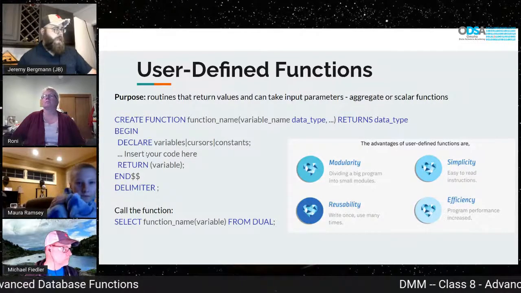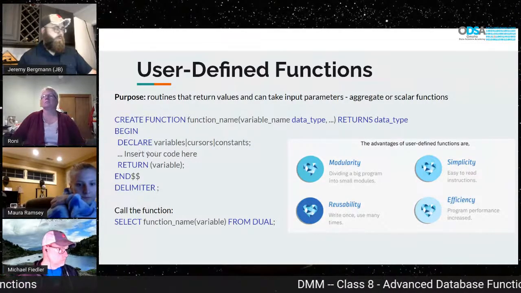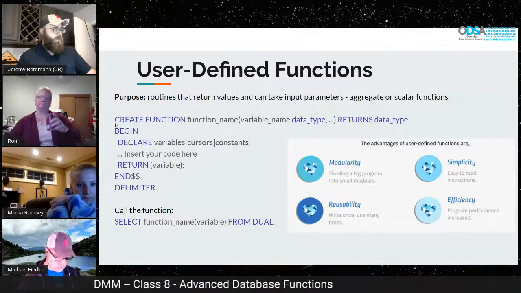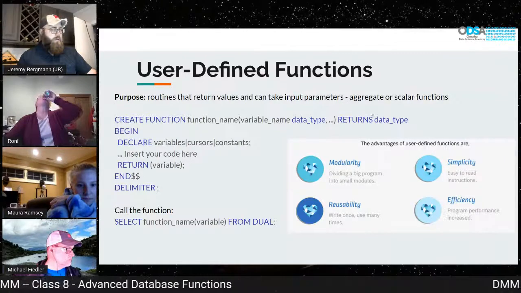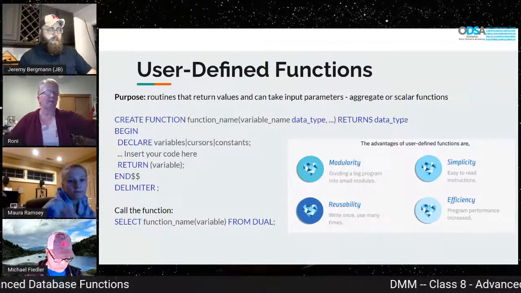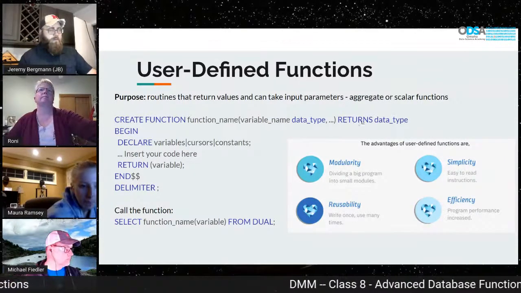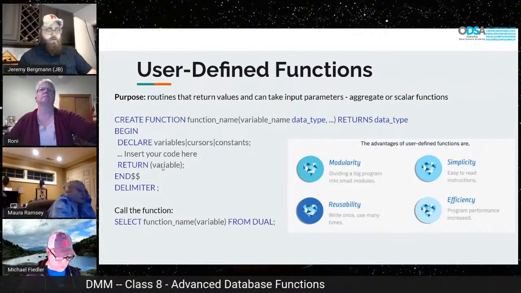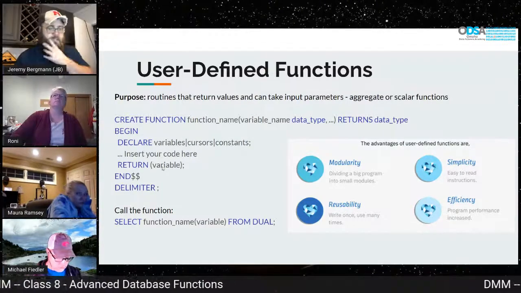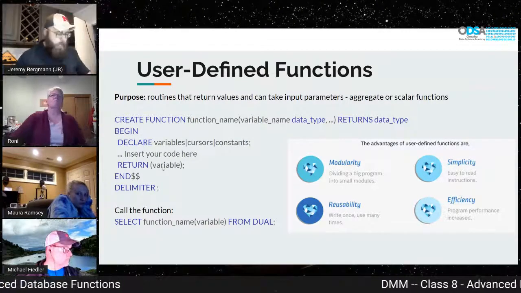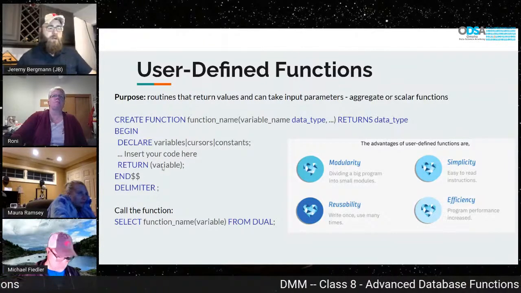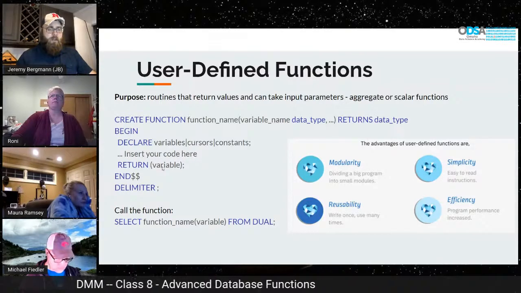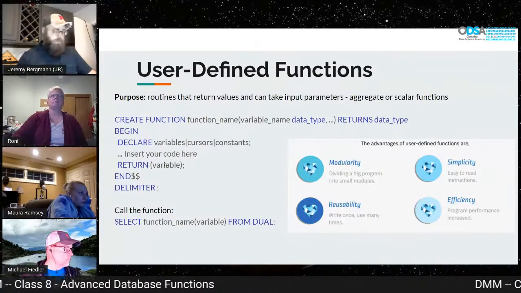Actually, you can do multiple steps with this, very similar to a stored procedure, except now you have a return data type. So you have some data type that's being returned, and you have this return variable statement. It's like a function in Python, a return function, where you complete the function and you set some variable equal to this return value afterwards.